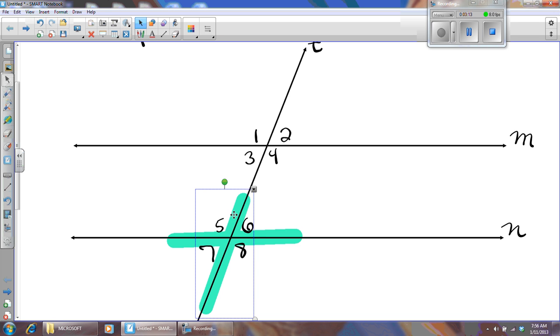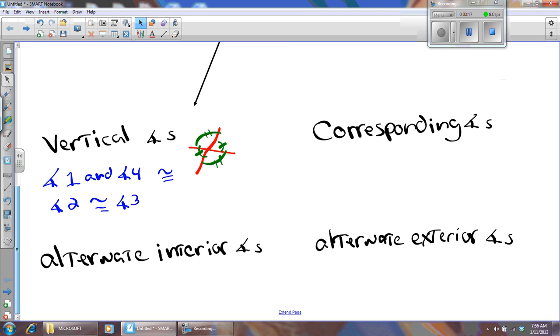And let me get rid of those. And we're going to talk about corresponding angles. And when you see corresponding angles, I want you to think of the letter F. And when you have an F, these two angles right here are congruent to each other. See that?